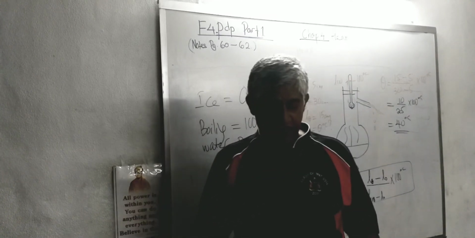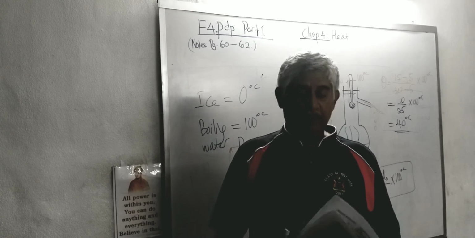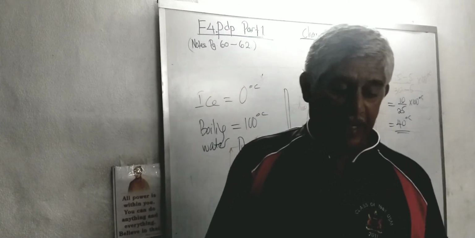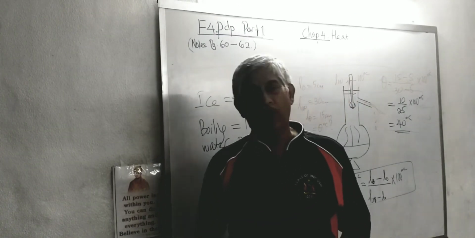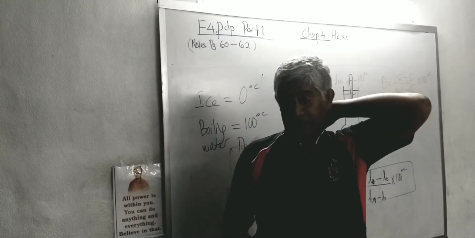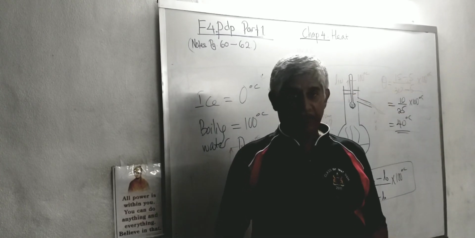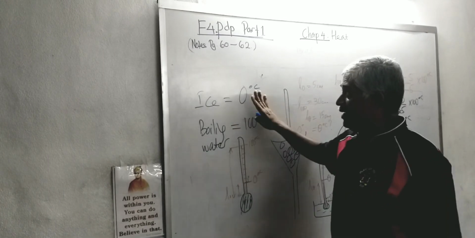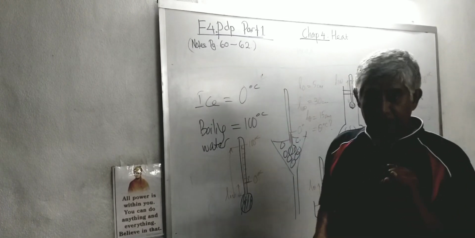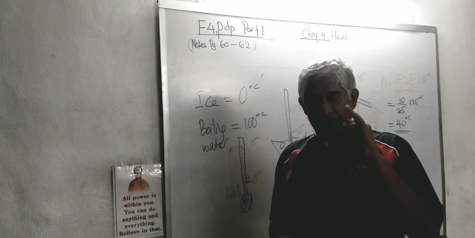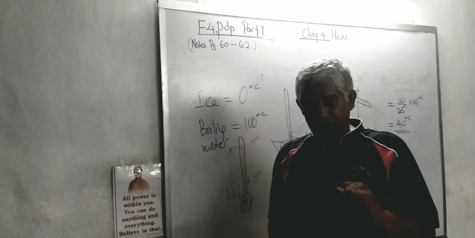So with that, a short lesson for today, I stop. From the next lesson, we will go into more abstract concepts, heat capacity, latent heat and all that. So please know this idea of thermometer, thermal equilibrium, temperature, heat.